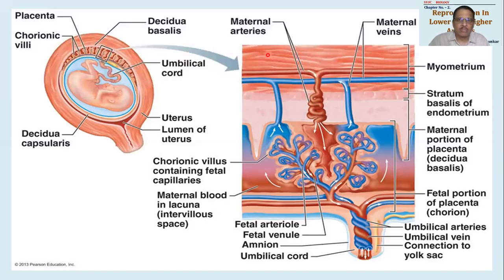Mother's myometrium and endometrium, they will be receiving maternal blood supply. ये maternal blood supply है. This maternal blood supply will pour the blood into this region. Okay, these regions are called as sinusoids, or maternal blood in lacuna, that is intervillous space. villi की इसमें जो space है उसको कहेंगे sinusoids, also कह सकते हैं उसको.